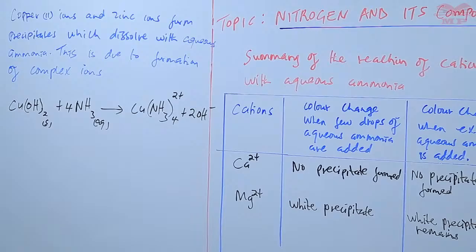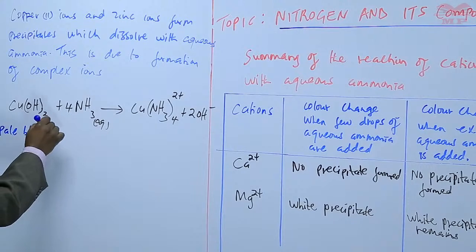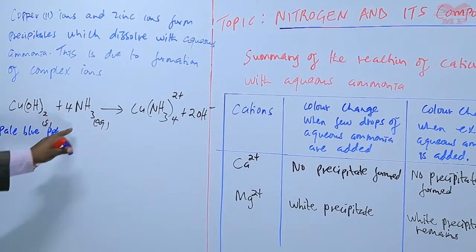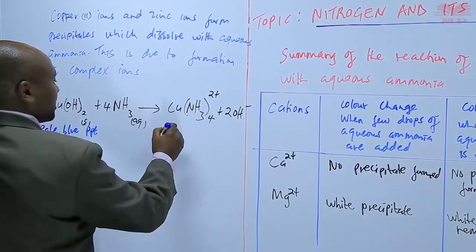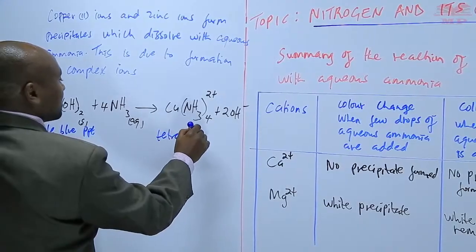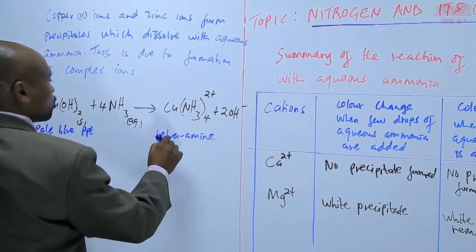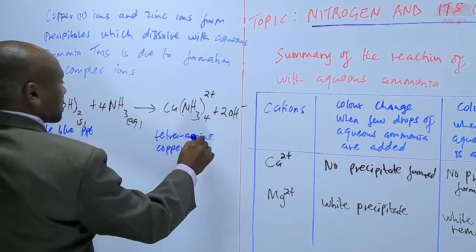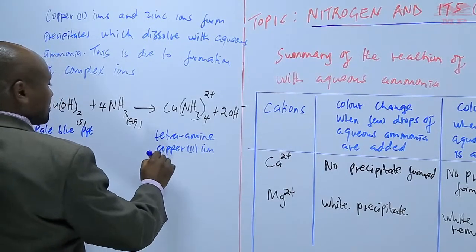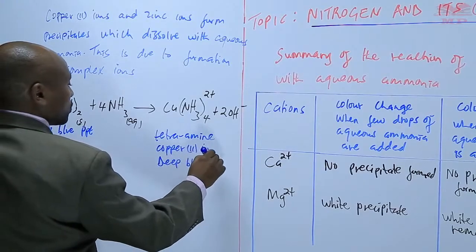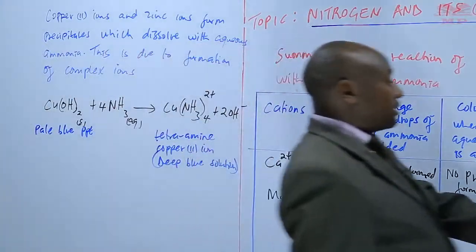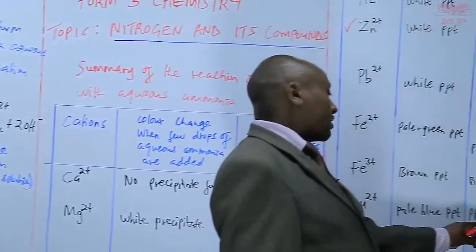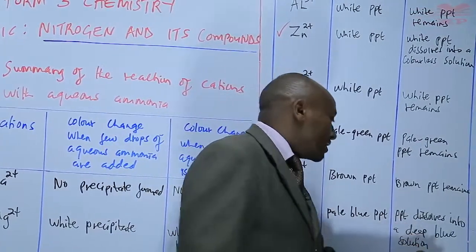So this is a pale blue precipitate of copper. You add excess aqueous ammonia, you form a complex ion that is called tetraamine copper 2 ion. Tetraamine copper 2 ion. And this is a deep blue solution. And that is why we are saying that the blue precipitate in copper dissolves into a deep blue solution.